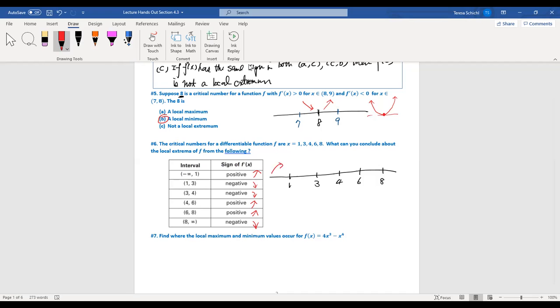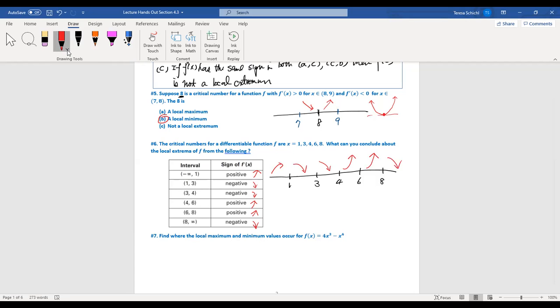Then 1 to 3 is negative, so it goes down. Then 3 to 4 is another going down, right? Then 4 to 6 is positive, so it's increasing. And 6 to 8 continues increasing. And 8 to infinity is decreasing.